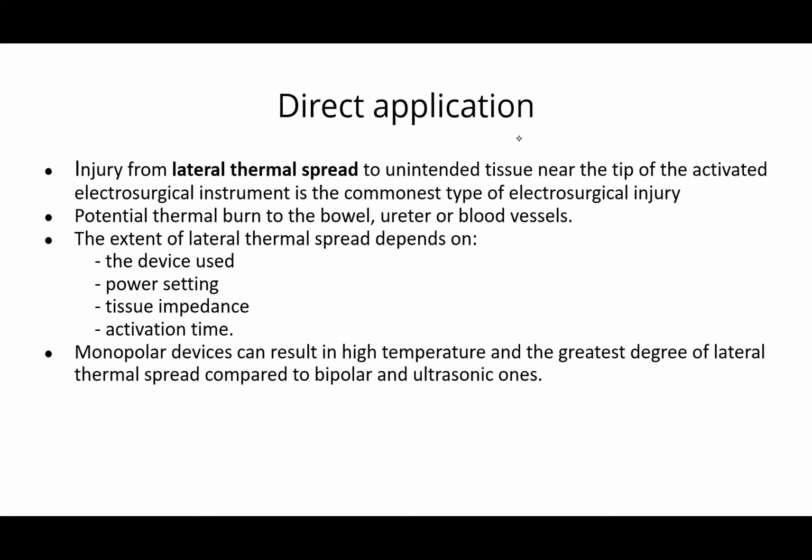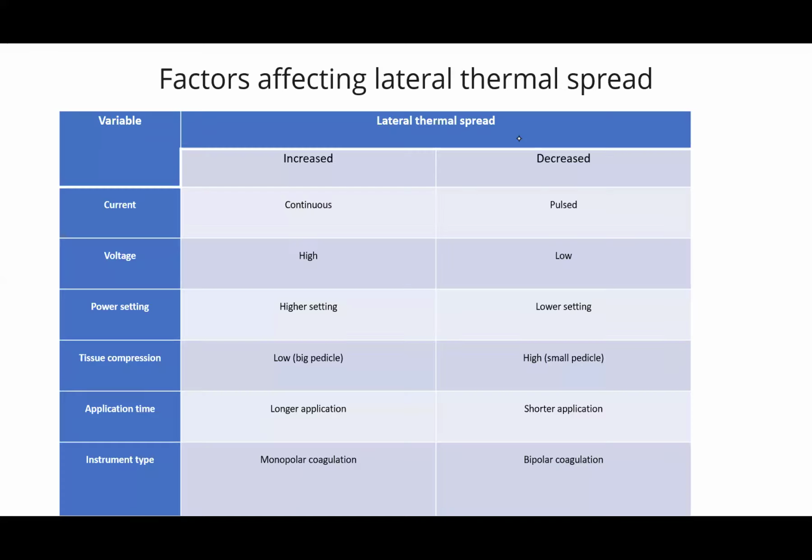The extent of lateral thermal spread depends on the device used, the power setting, the tissue impedance, as well as activation time. Monopolar devices can result in high temperature and the greatest degree of lateral thermal spread compared to bipolar and ultrasonic ones. Factors affecting lateral spread.